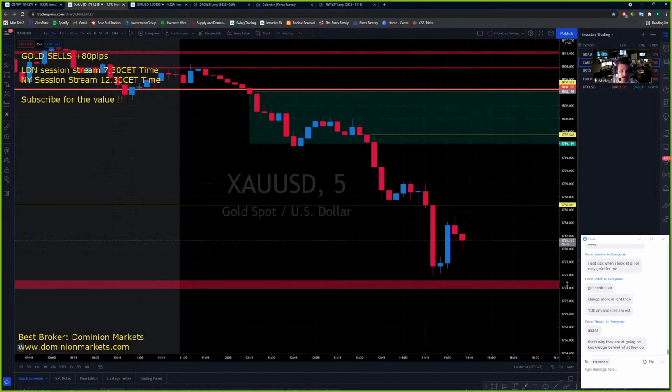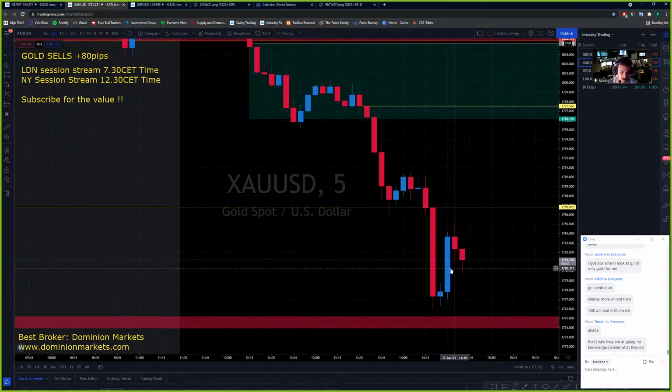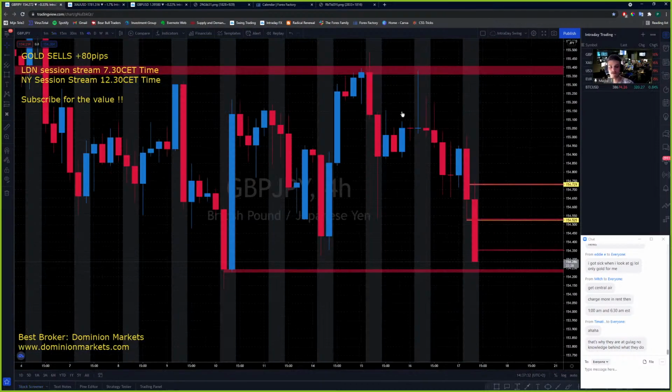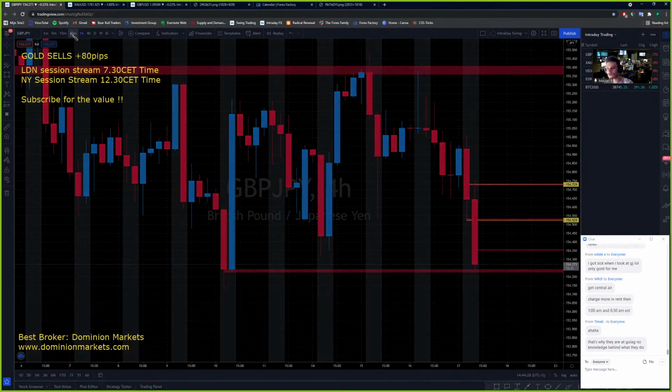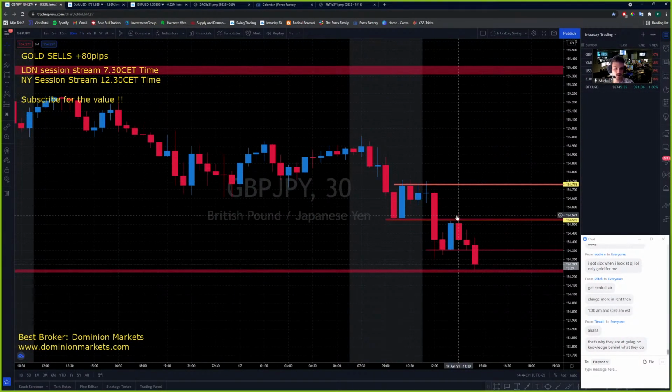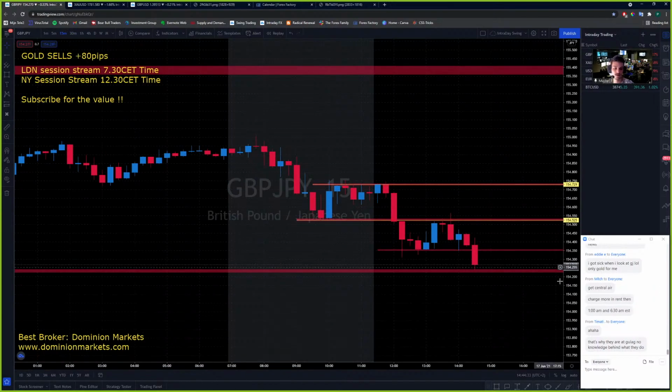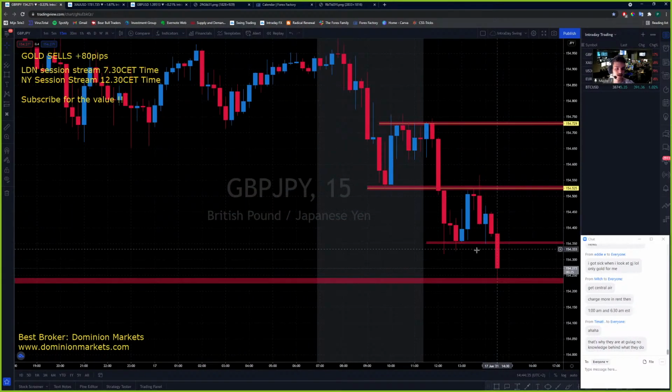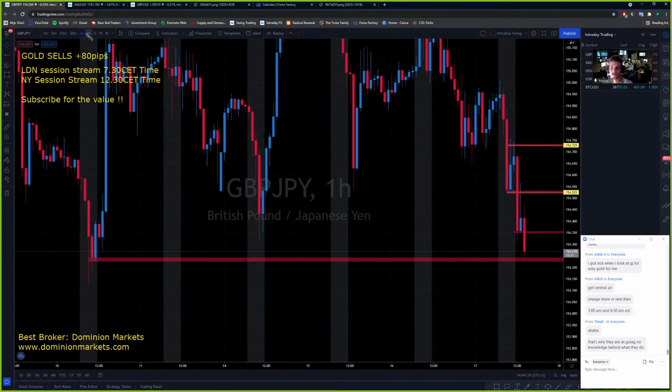I think if you entered a buy at 1780, you should already be out at break even after a 50 pip move up. Oh wow, it's continued to drop. It never broke structure over here, so never went into buys. I can't believe that pushed up like 60 pips in like 2 minutes.